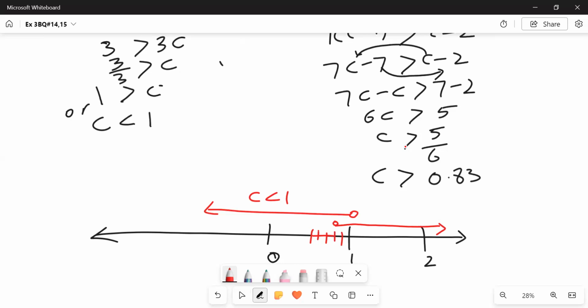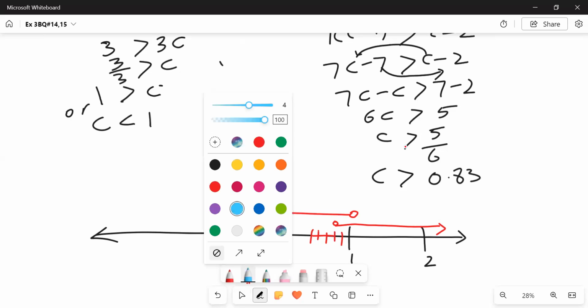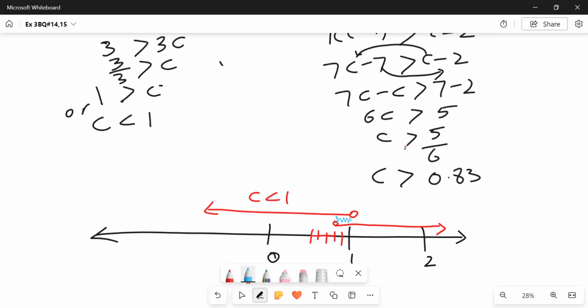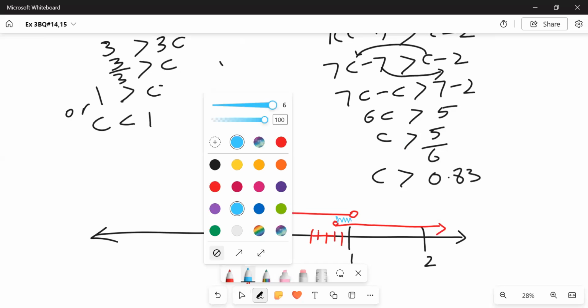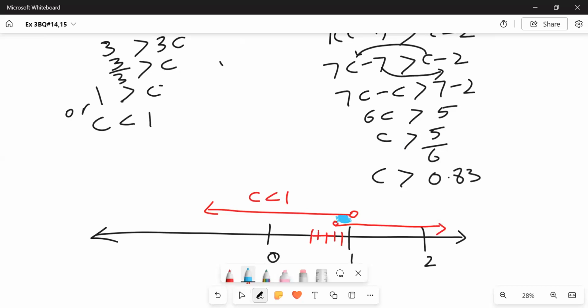Now what is the region? The region is the overlapped area. Only this one.